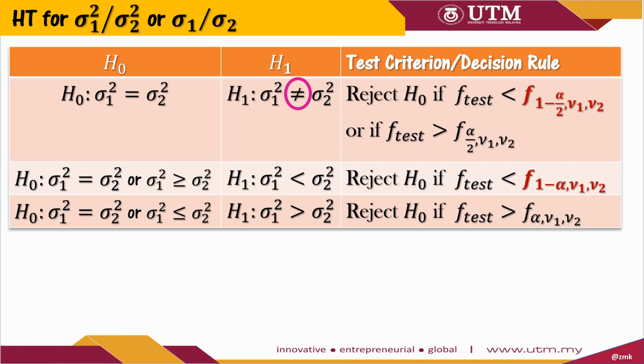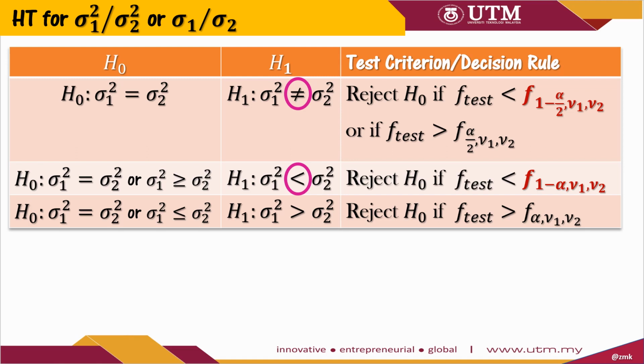Next, the second type of hypothesis test is the left-sided test, denoted by a less than sign under H1, when we want to test if sigma 1 squared is less than sigma 2 squared, or if the ratio of sigma 1 squared to sigma 2 squared is less than 1 under H1.